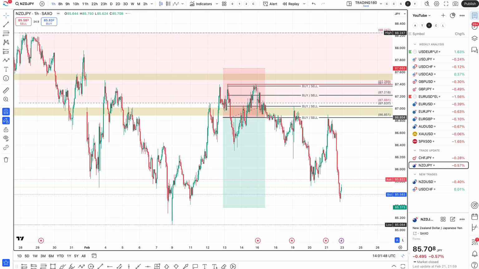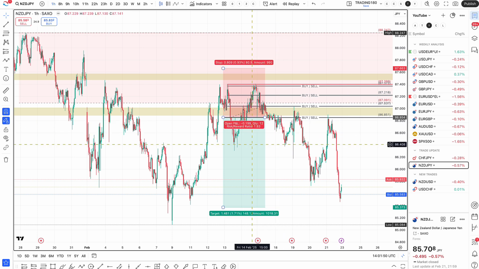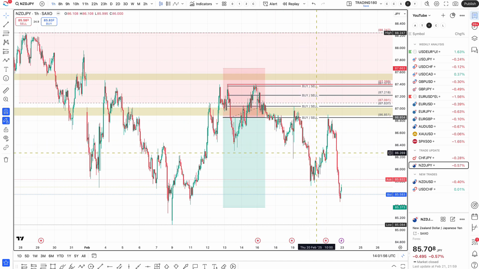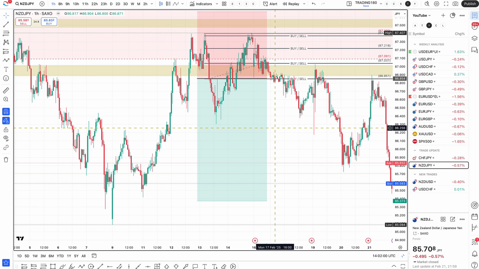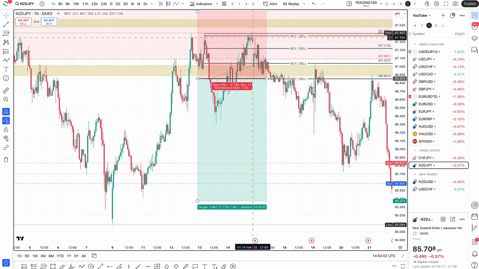New Zealand yen. Unfortunately, this trade, I say unfortunately, this was a profitable trade, but it didn't go as planned for my final two positions. If you go back and watch last week's video, you'll see that prices were really up here and I'd been triggered into 4 positions.